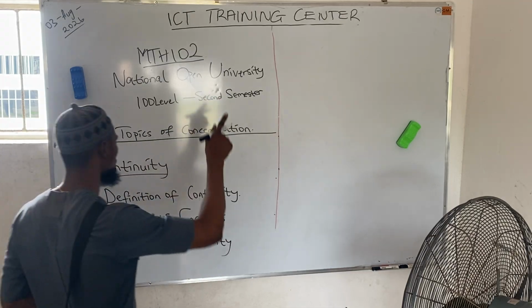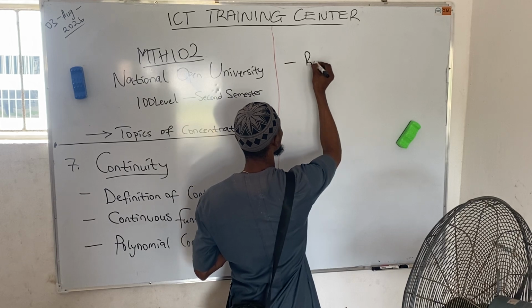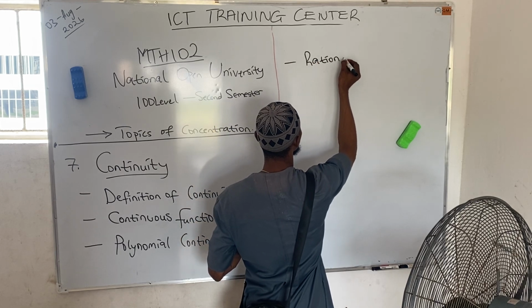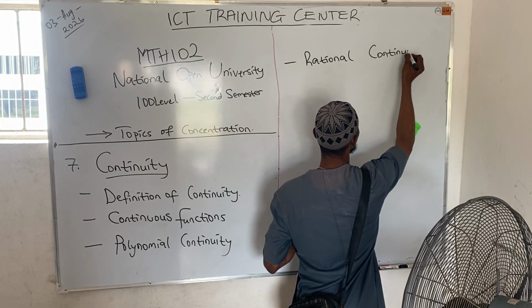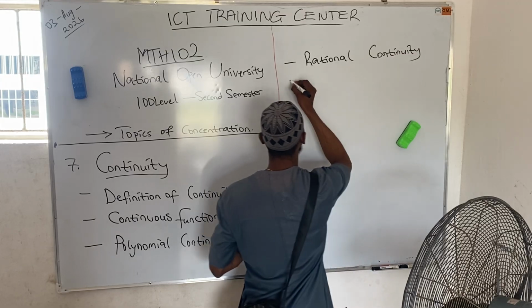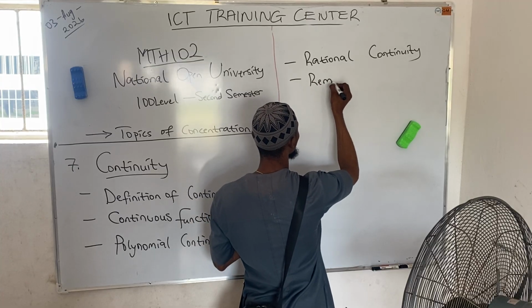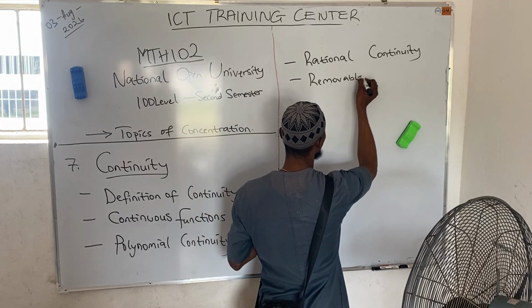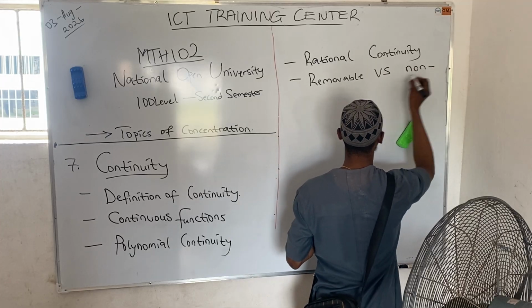And we're going to move to the top. We have the rational continuity. And we have the removable versus non-removable, okay?